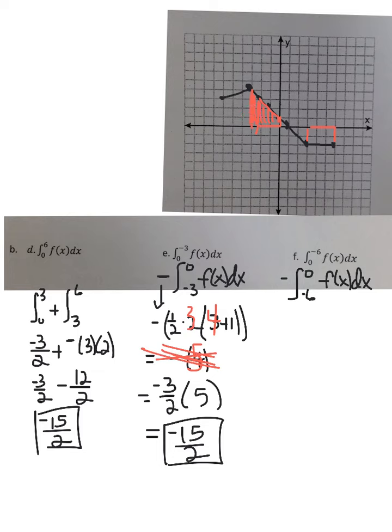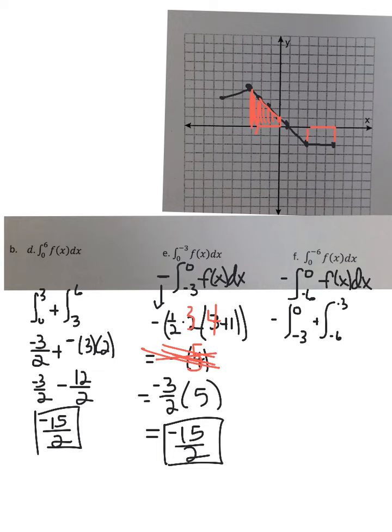Okay, so I'm going to split this up into 2 integrals, like I did in part D. And we're going to keep the negative. And I am going to go from -3 to 0, plus the integral from -6 to -3. Okay, well, I know the first integral from -3 to 0 is -15/2.